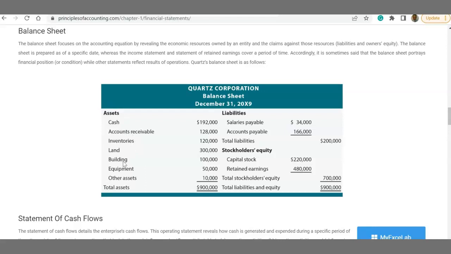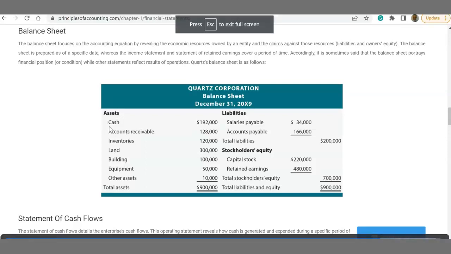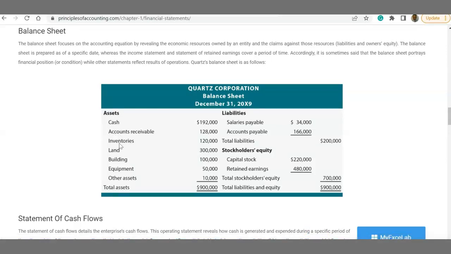Why land and building is at the bottom? No? Okay, you always start with the most liquid asset at the top. Cash is the most liquid. Accounts receivable is the next most liquid. Inventory is kind of liquid, right?